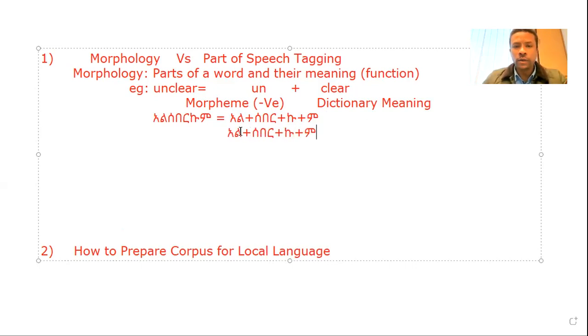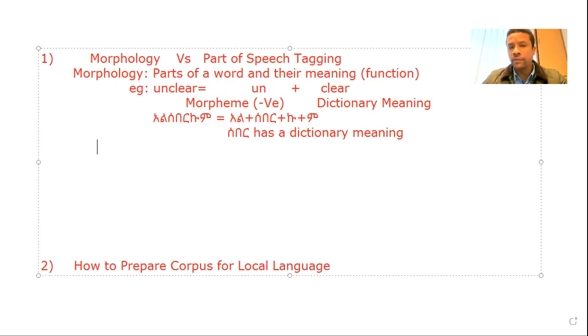From this one, we know that the word sabbar has a dictionary meaning. Because if you go to the Amharic dictionary, you'll understand that the word sabbar is the act of breaking. And again, if you see the other part, which is "ku", this is not a dictionary meaning, rather it is a linguistic function.